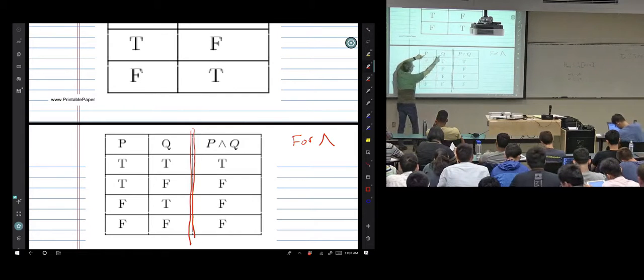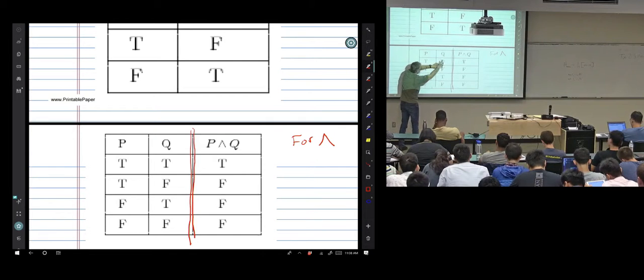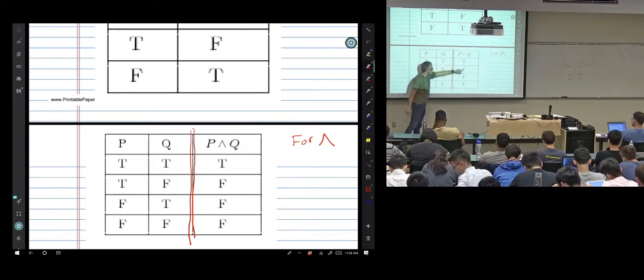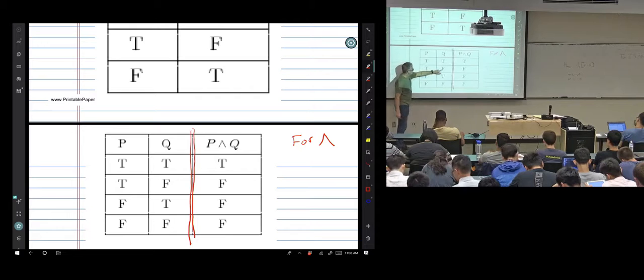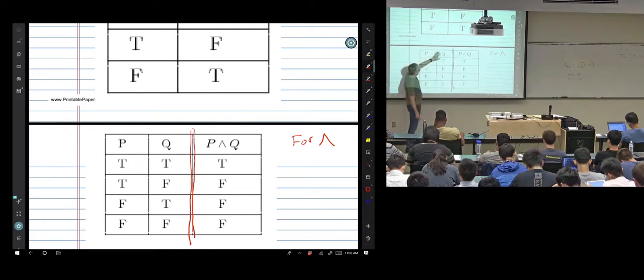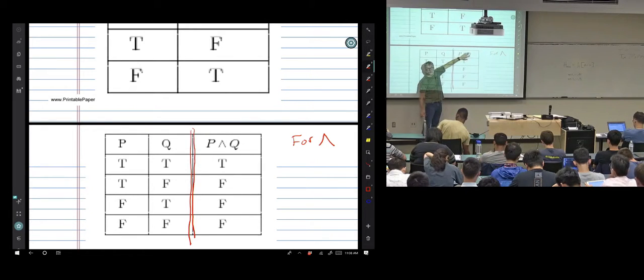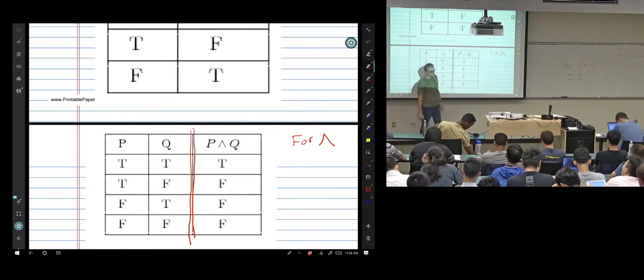You just write down P and Q, it can be true or false, and then this gives you the other set of combinations, okay? And then you just do the AND. If P and Q are both true, then the AND is true. If one of them is false, it's false, and if both of them are false, it's false. That's what the truth table is. You put down your logical elements, and then you put down the statement, and then you fill out this. So this is the part you would do.